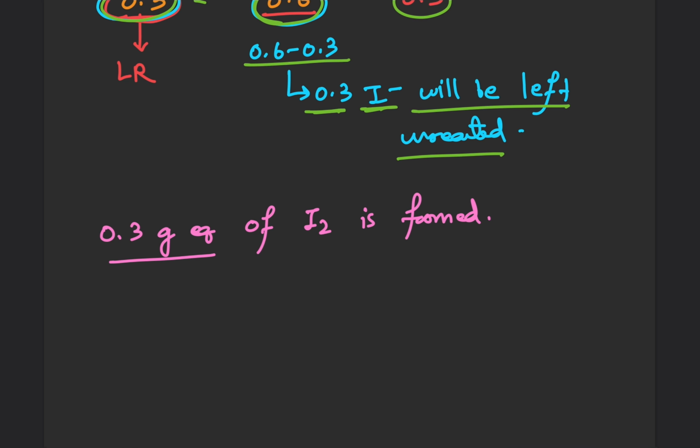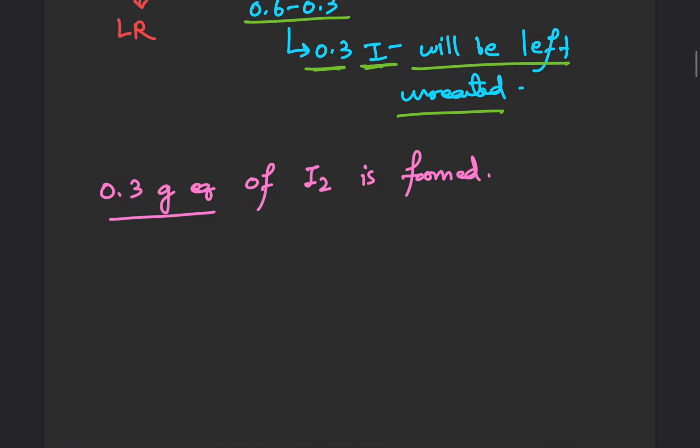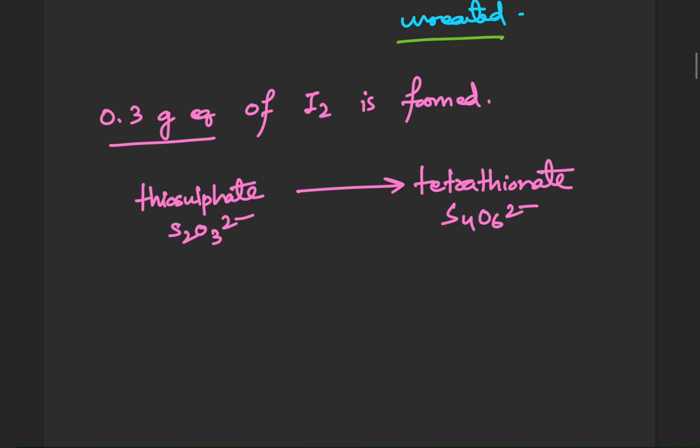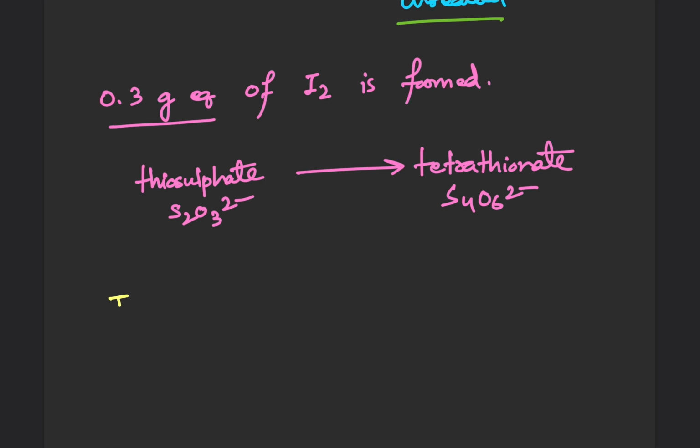With respect to the reaction, we have to know that thiosulfate ion, S2O3 2 minus, changes to tetrathionate, which is S4O6 2 minus. So I can write I2 reacts with S2O3 2 minus to give me I minus plus S4O6 2 minus.